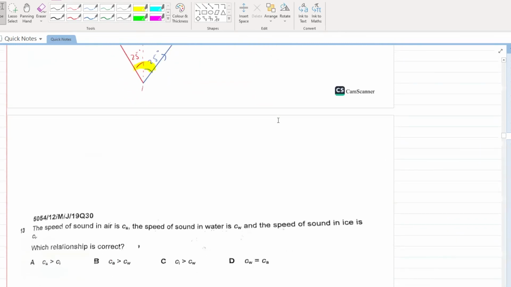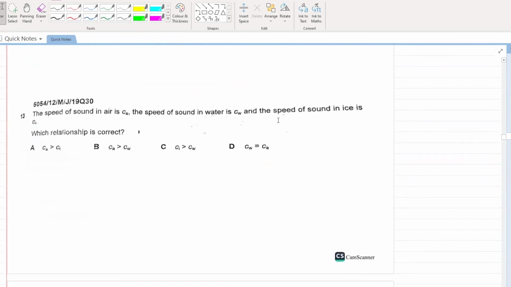Let's further move ahead. The speed of sound in air is Ca, the speed of sound in water is Cw, and the speed of sound in ice is Ci, I guess. Which relationship out of them is correct? We know that the speed of sound in solids is the greatest, then in liquids, then in gases.